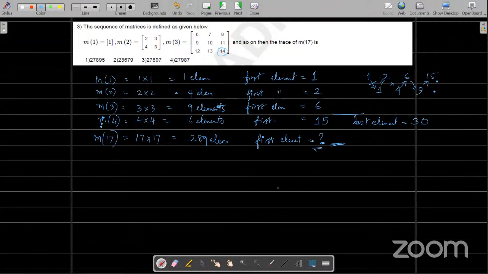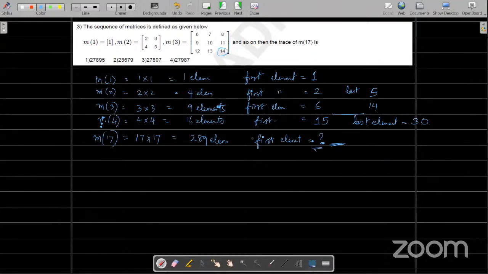Okay. So how did I get this last element? Let's look at the last elements of each of them. So this is 1. The last element of this is 5, which is 1 plus 4. This last element is 14, which is 5 plus 9, right? So that means I must be adding the squares of the numbers. 1 plus 4, 5, 5 plus 9, 14.